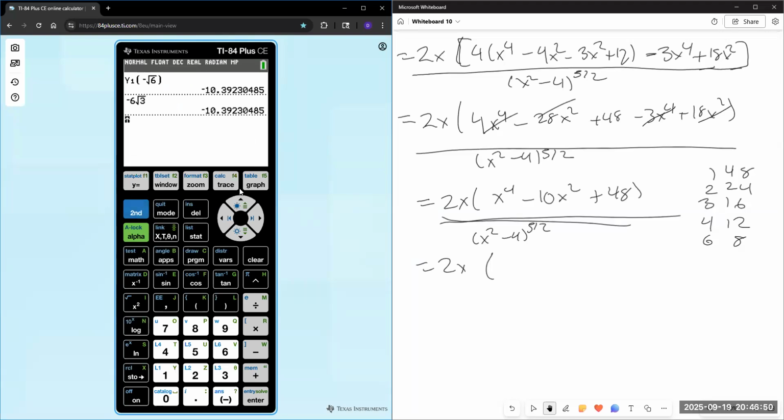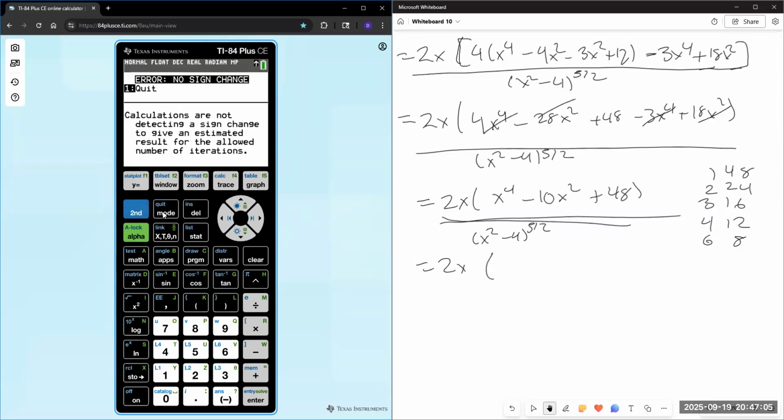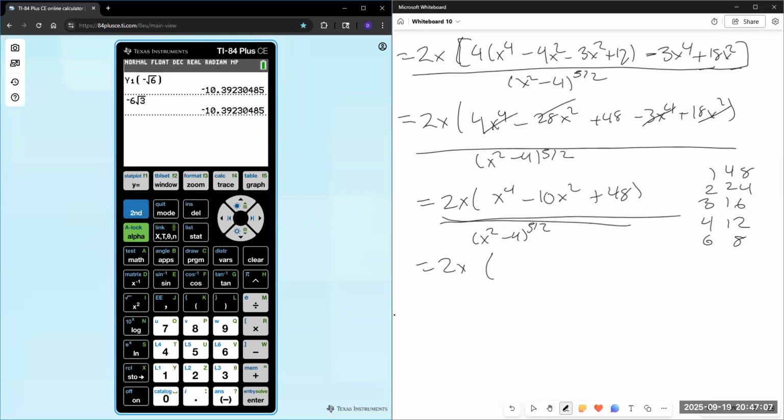And second, calc 2 over here, there's also not, since it's symmetric. I'll just prove to you that there's no 0 in this interval either, staying above the x-axis the entire time. Okay, so no point of inflection.